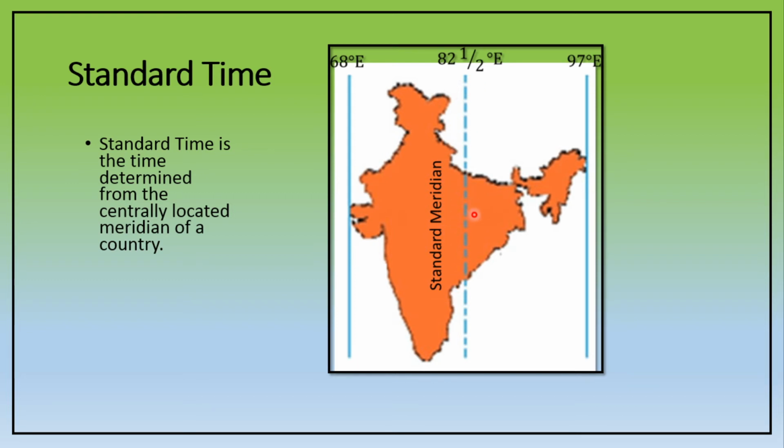But in order to reduce inconvenience and confusion, we have stuck to one single time. Right from Gujarat to Arunachal Pradesh, or from Kashmir to Kanyakumari, the entire country follows the same time.